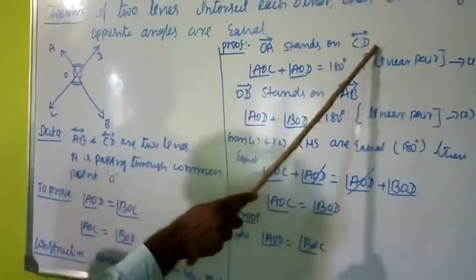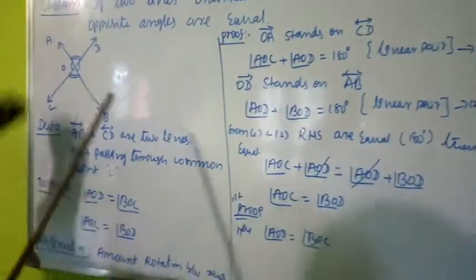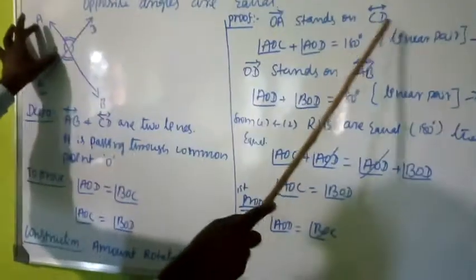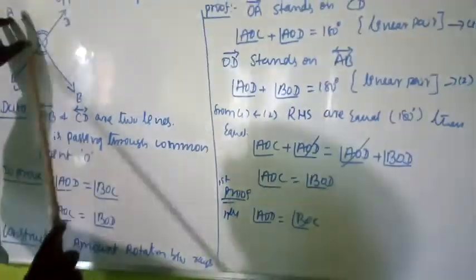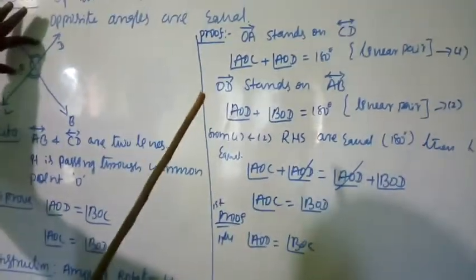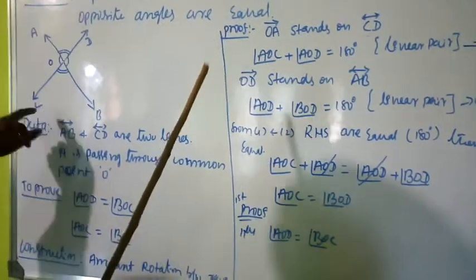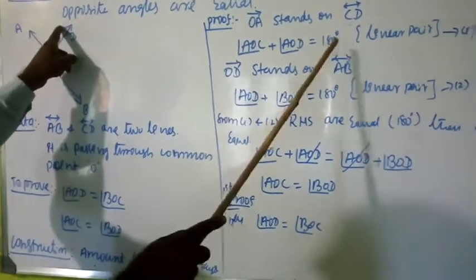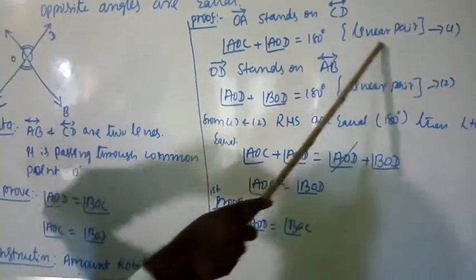Based on this, first take OA. A ray OA stands on CD, so these two angles are formed. Already we know that this is a linear pair, that is angle AOC plus angle AOD becomes 180 degrees. 180 degrees means linear pair.